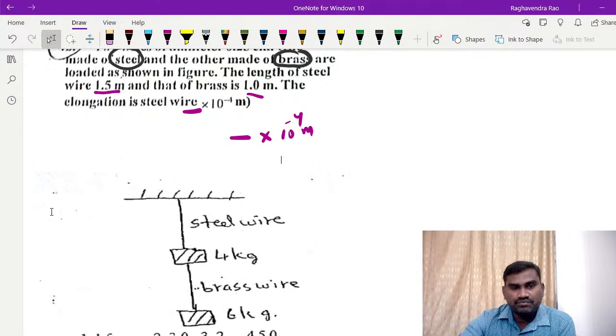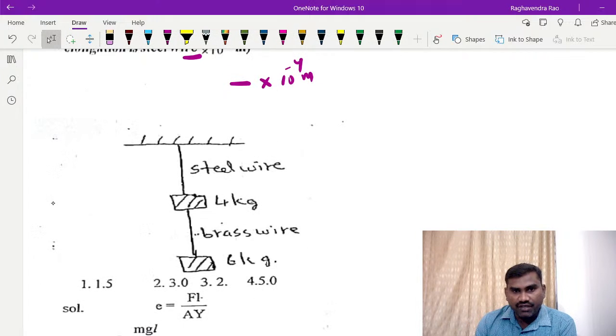You see here, this steel wire is attached with a 4 kg mass, and this brass wire is attached with a 6 kg mass. What is the reason for elongation of the steel wire? It is the tension in the steel wire.